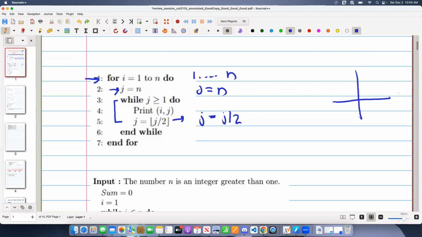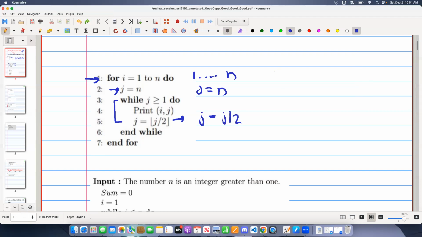In terms of those questions, you would call it log n, because log base 2 of n is the same thing as asking what power of 2 equals n, because you're factoring it out. So in this case, we're exponentially decreasing j, from n to half of n to a quarter of n, and it keeps going.